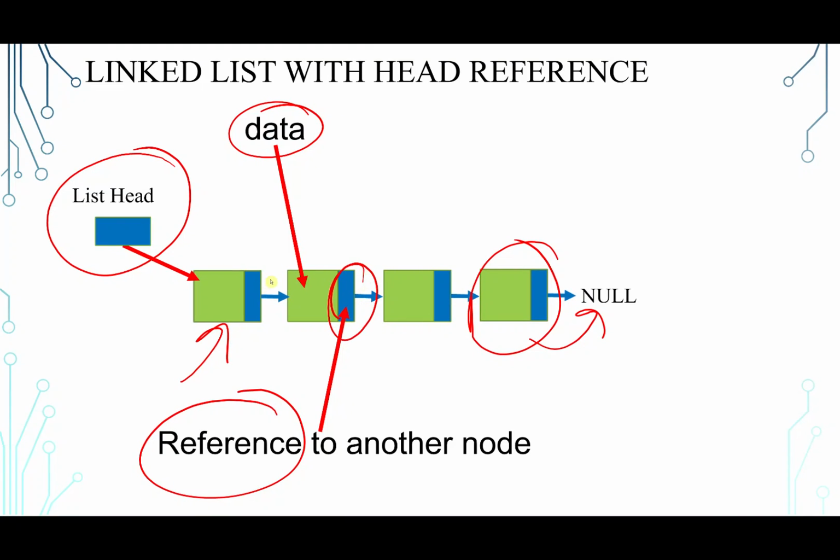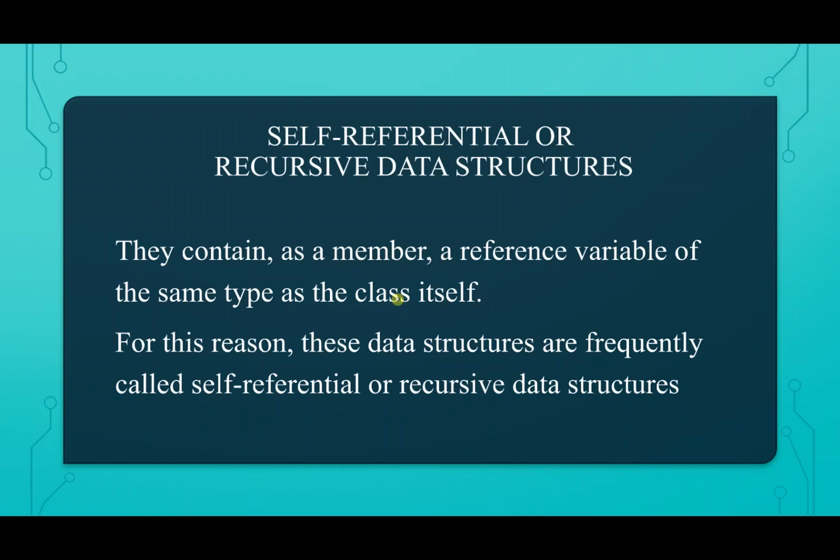This node contains a pointer that points to another node. So something inside of that object points to another object of the same type. When we create it, you're going to see why we call it self-referential or recursive data structures.